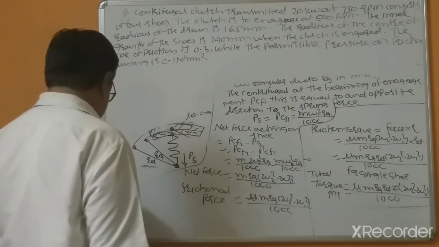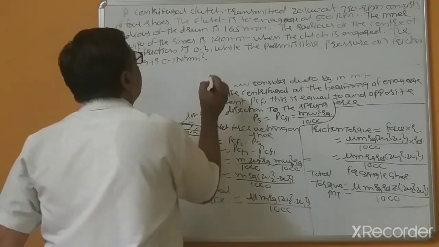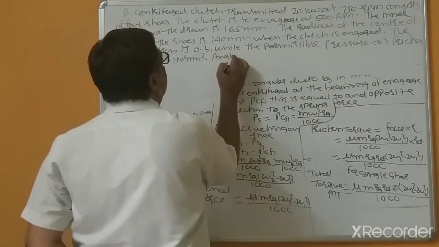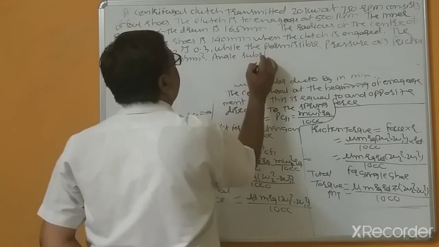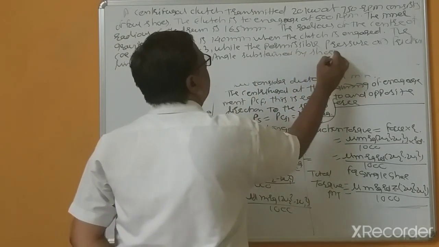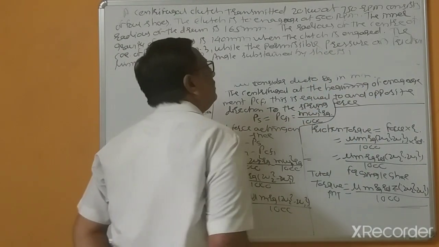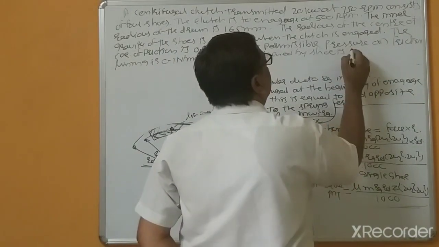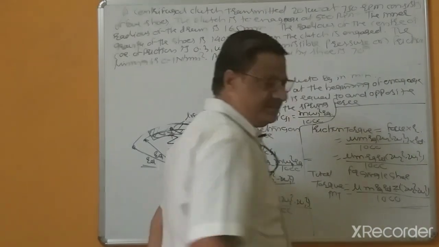The angle subtended by the shoe is 70 degrees.